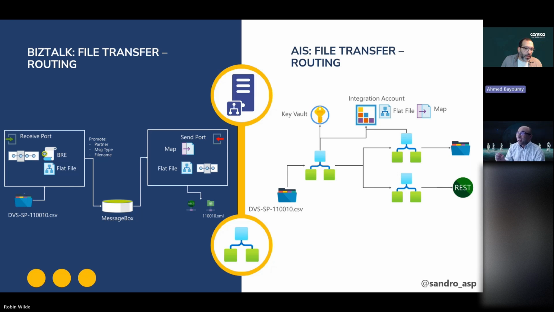As you see here, there is no Service Bus and no message box in that sense, so it was lightweight. And again, to be even more lightweight, I had to replace that integration account, because it costs around 1,000 euros per month.